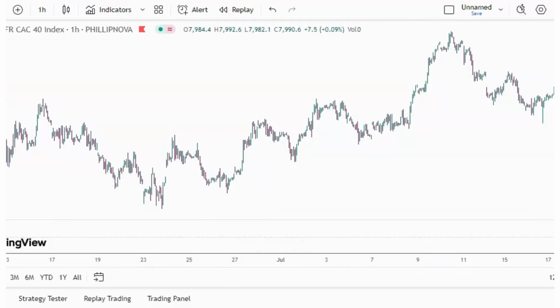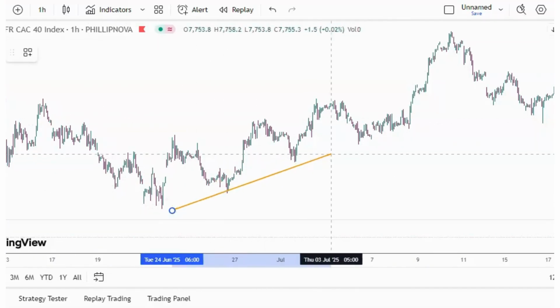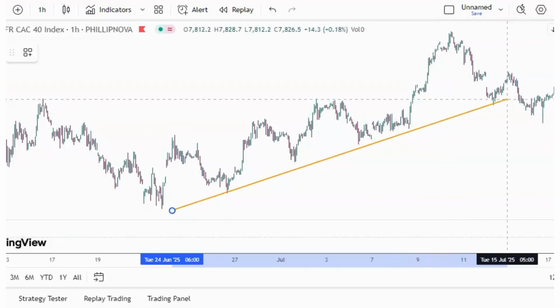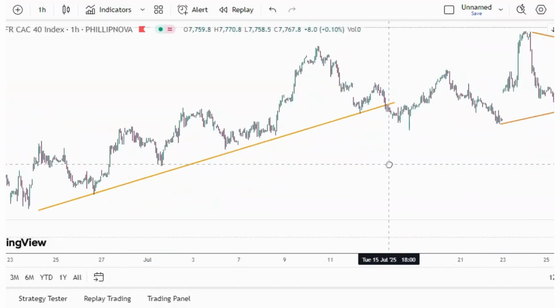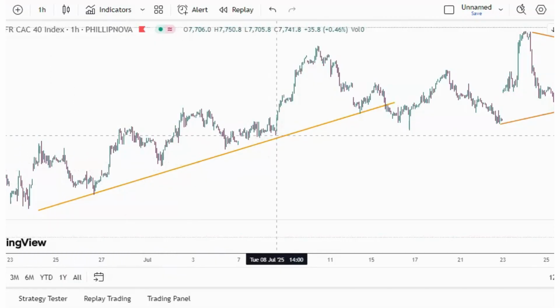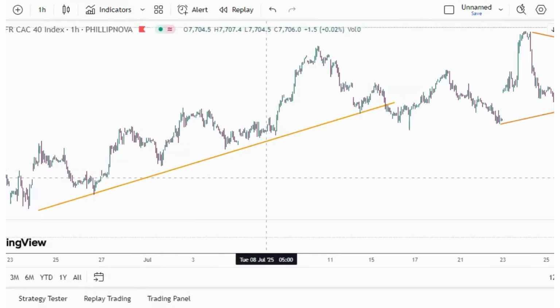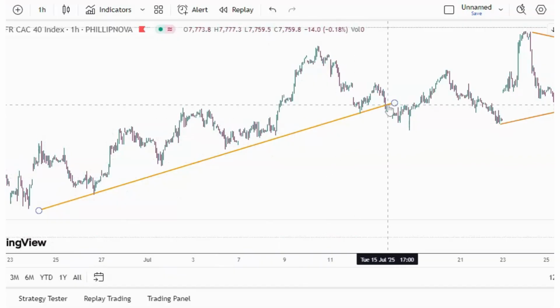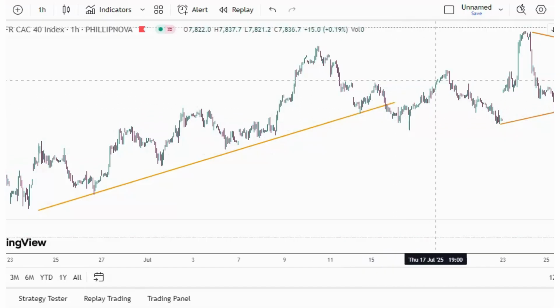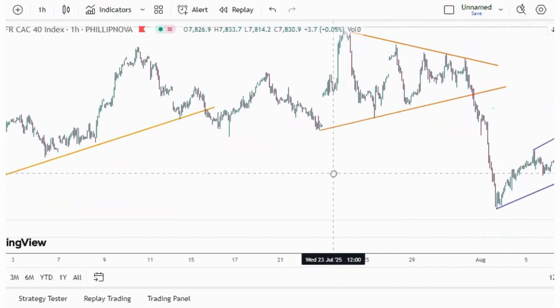Okay, also we have, you can say, this is a trend line here. This trend line is a bit of a failure because the price broke under it, but it didn't go lower and it moved sideways a little bit.